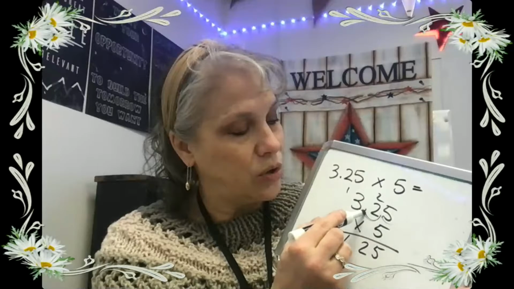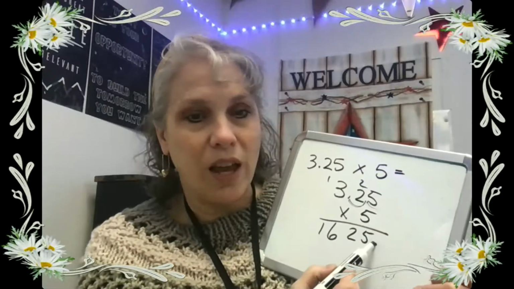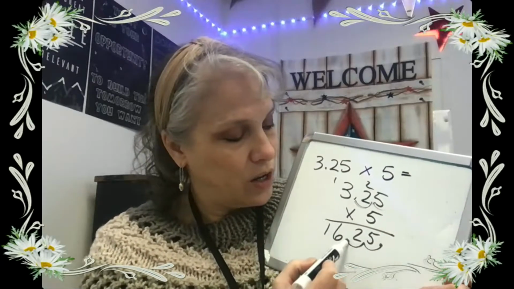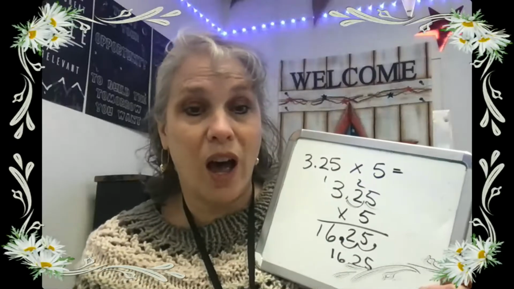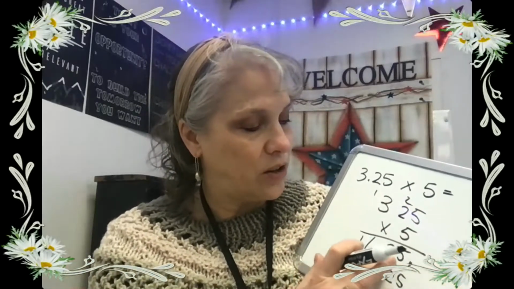So 1, 2. I start at the end and I count 1, 2. So my answer is 16.25. And that's all there is to it: you count the decimals in your factors.